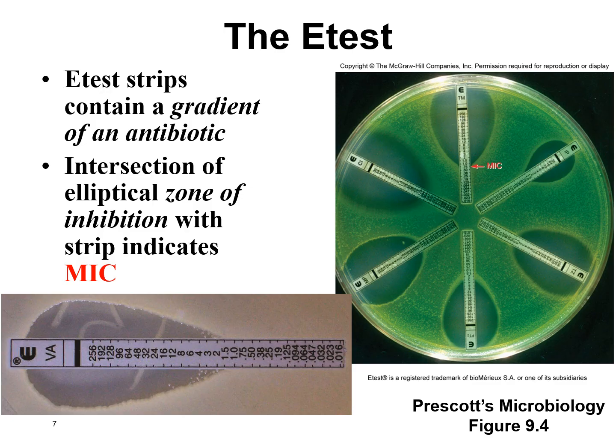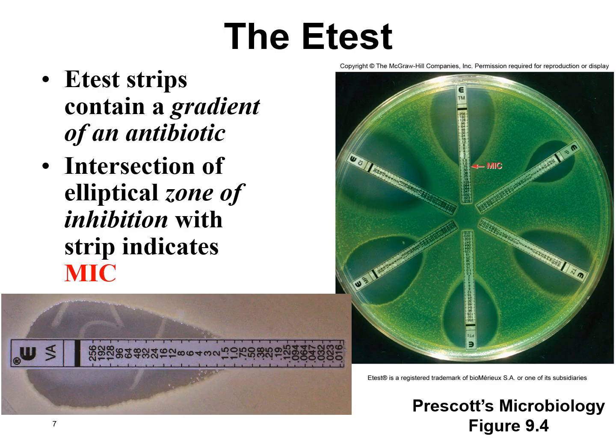And each of these strips has a different antibiotic on it, so you can test multiple antibiotics at the same time. And where that zone of inhibition crosses the strip, that's your MIC.